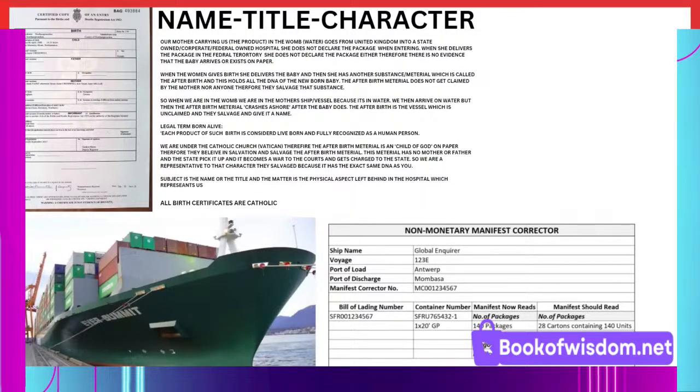When the woman gives birth, she delivers the baby, and then she has another substance, which is called the afterbirth material. Okay? This afterbirth material has the same DNA as our physical body, with the body, mind, and spirit. Okay? This is how they get this corporation. Hold on.